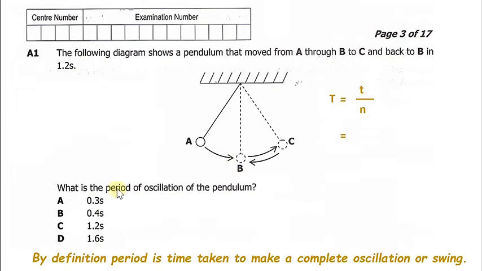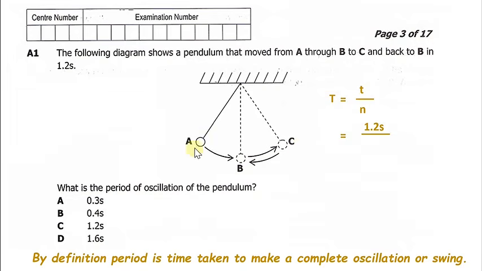So T is the period, which we are asked to find. We'll just say T is equal to, where t is the time, 1.2 seconds, you place it there, over N, the number of swings. If the bob, or the pendulum, had to move from A to C and then back to A, we'll consider that one swing or one oscillation.